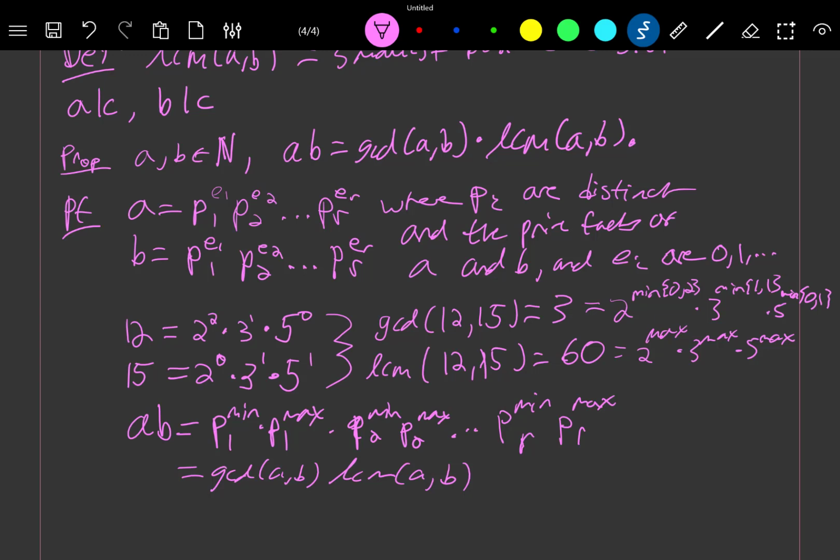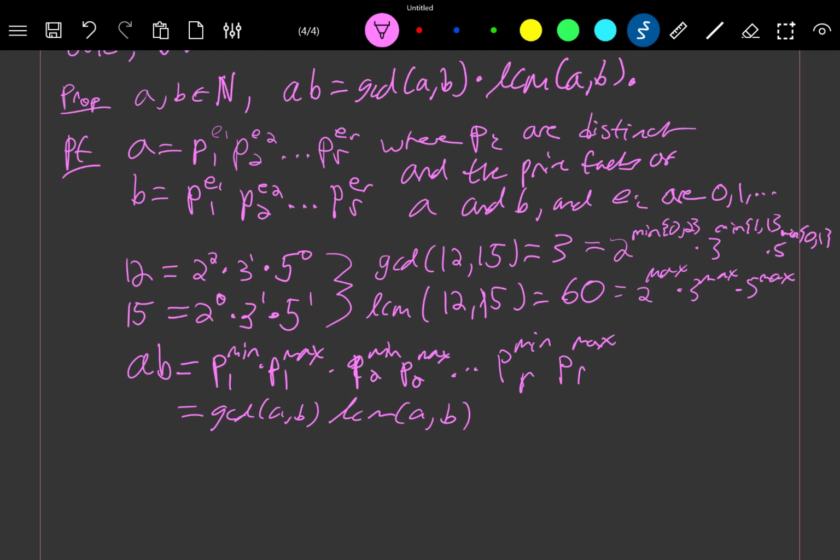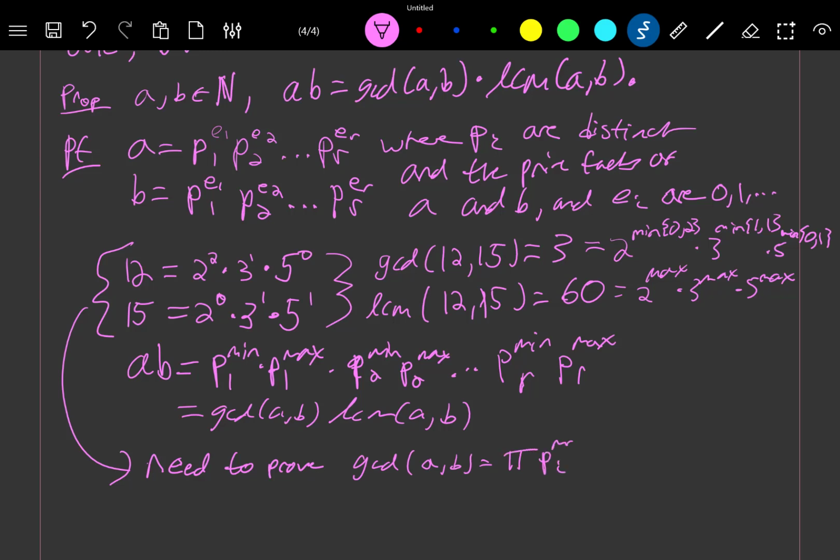So what we should prove is this: the GCD of A and B is the product of Pi to the min of Ei and Di. Maybe I shouldn't have done Ei here, maybe I should do D of Ei and Di, because they'll have different exponents.